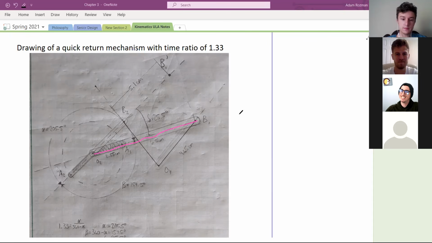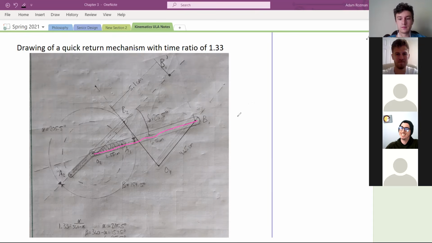Yeah, so basically, when I was doing this problem, I would choose an arbitrary angle. I know it's supposed to be 25.5, but say you started off by drawing this link here.